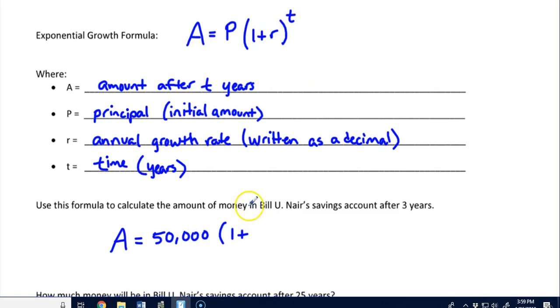Remember, he had a 4% interest rate, so it's going to be 1 plus 0.04, all raised to the t power. So we had 3 times we kept multiplying by 1.04. And if you do that math, 1.04 to the third, and then multiply that by 50,000, you're going to get the same value we got before, 56,243.20.